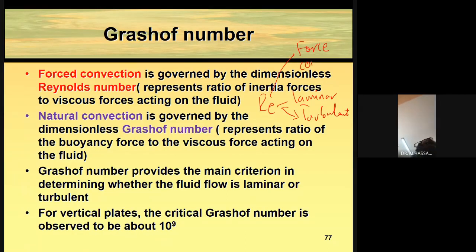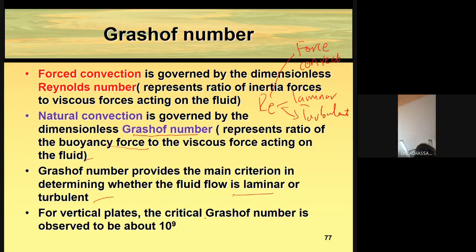But for free convection or natural convection, we normally use what we call the Grashof number to determine the flow situation. So Grashof number represents the ratio of the buoyancy force to the viscous force acting on the fluid. Okay, so Grashof number provides the main criteria in determining whether the fluid flow is laminar or turbulent.